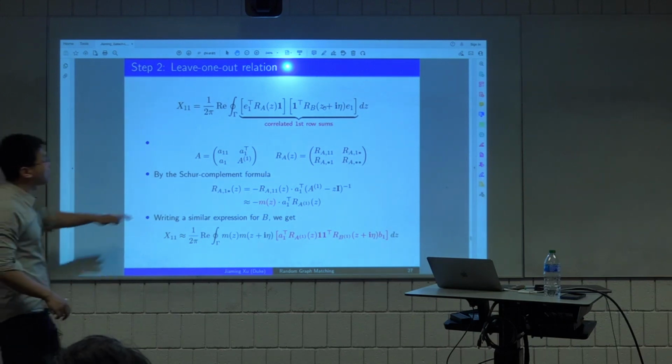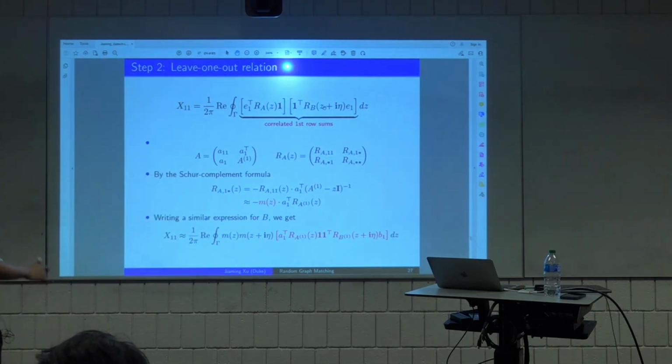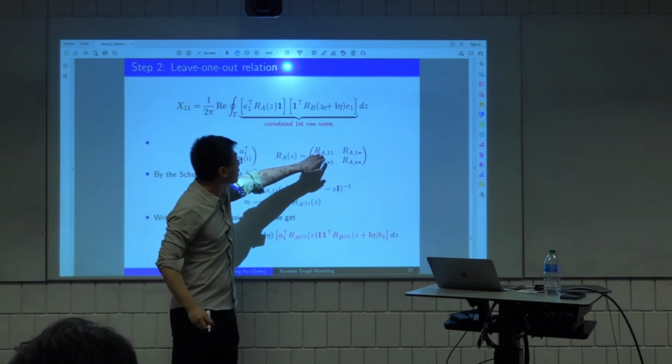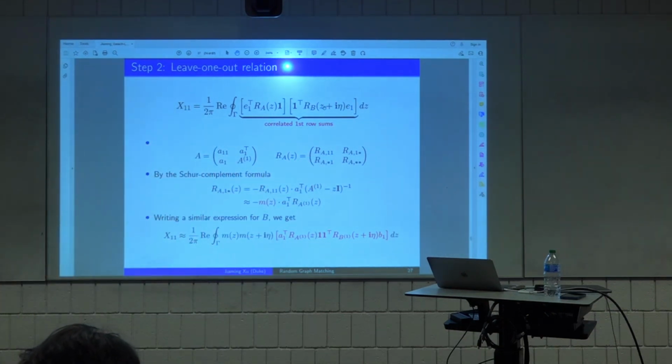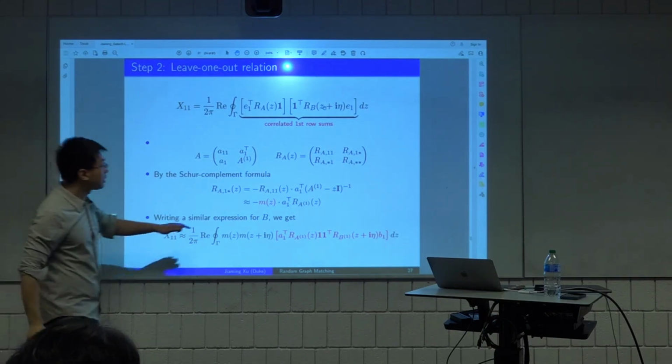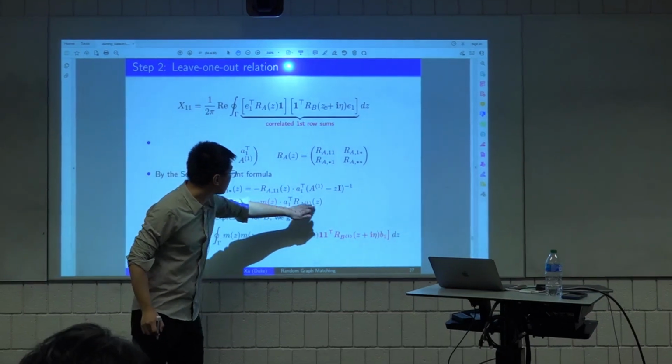So what I'm saying is that you have this representation. Then what is the first row's sum? The row sum should have the first entry, R_A11, but that's roughly mz, right? And then the second entry is here, so it's basically the sum of this one.